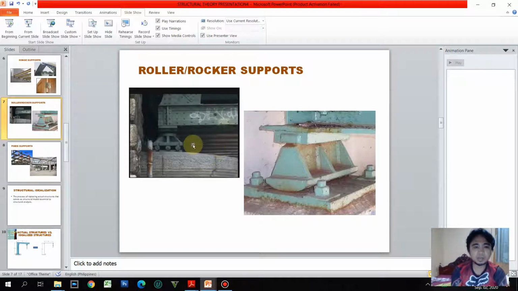Why is it that we need to have that one? Because we have thermal expansion for our bridges, as well as to have an allowance for vibration or impact loads caused by heavy loads from vehicles or heavy trucks. So that is the purpose of roller or rocker supports.